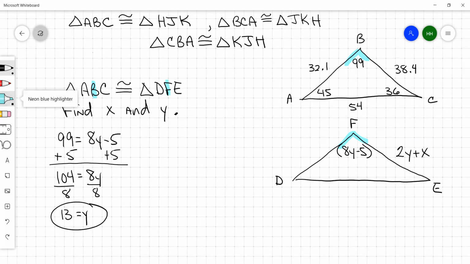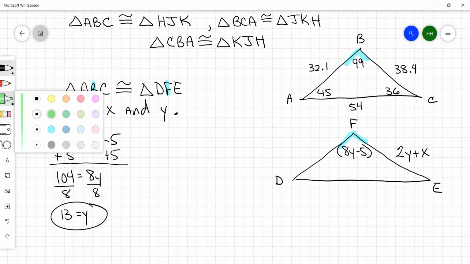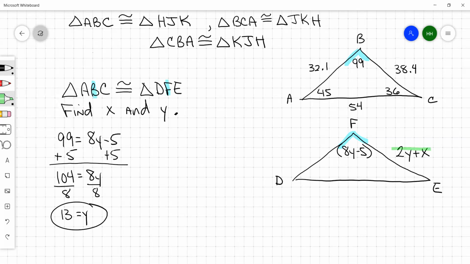Now, we've got this 2y plus x. And the 2y plus x represents side FE, doesn't it? And FE corresponds to BC.